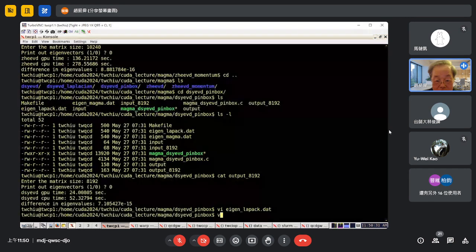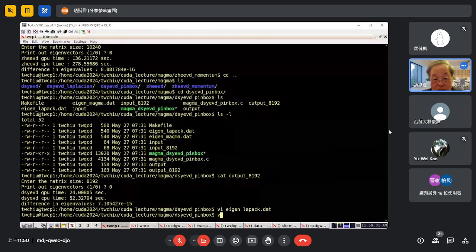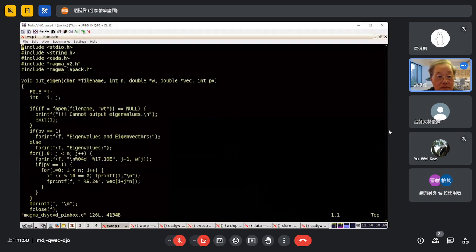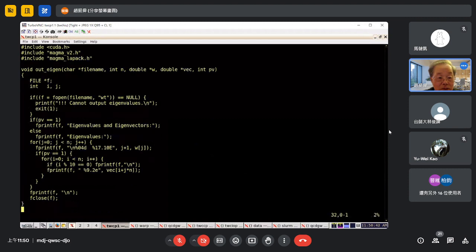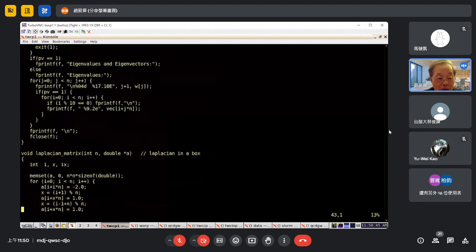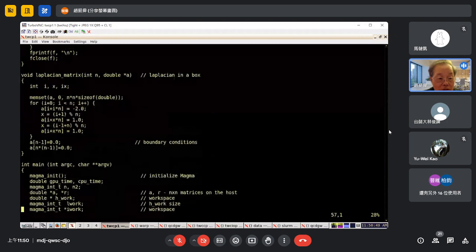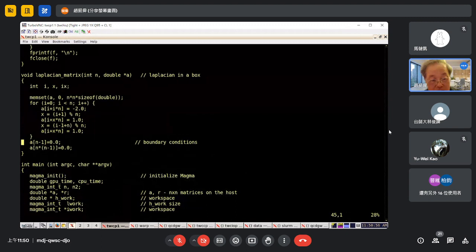And for the code, let me go to the code here, the particle in a box. This is the eigenvalue and eigenfunction output, and this is a Laplacian matrix. This is the boundary condition, to put the boundaries to be 0.